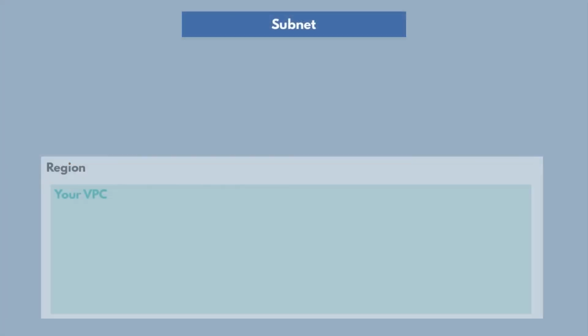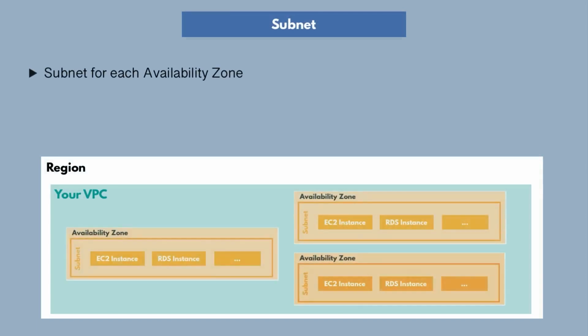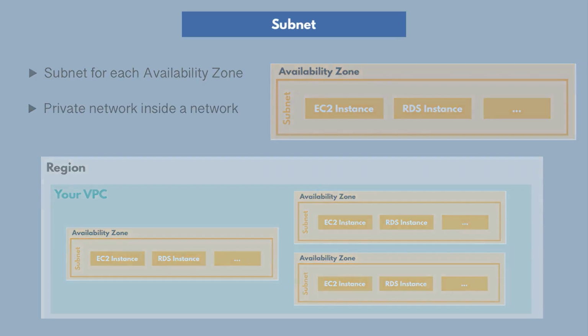So VPC is the whole private network, and subnets are components or subnetworks of the VPC. While VPC spans the whole region, all the availability zones, subnets span individual availability zones. So for each of the 3 zones, you'll have their own subnet. So it's like a private network inside a network.